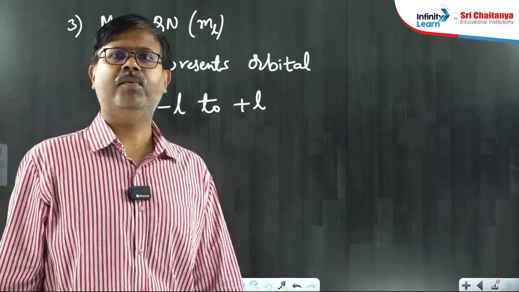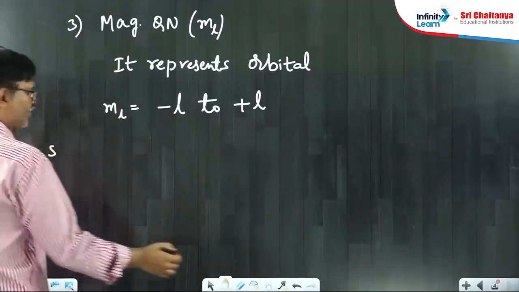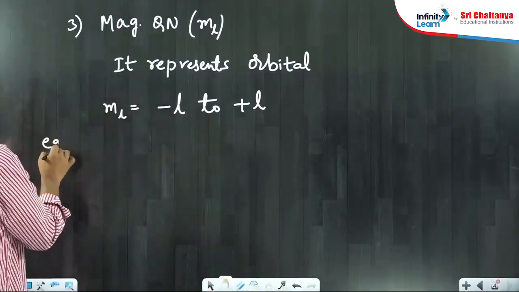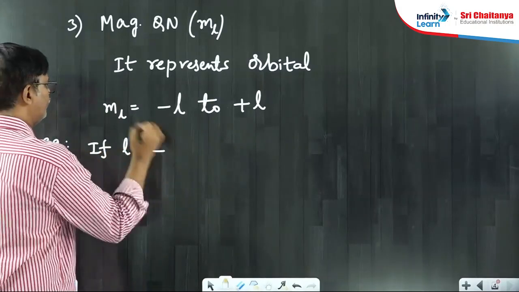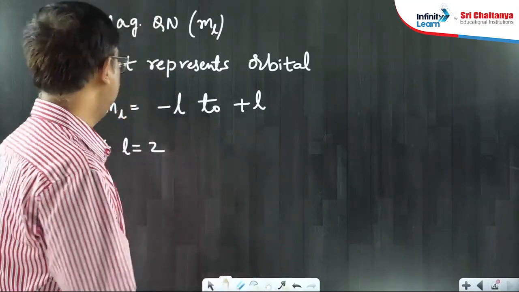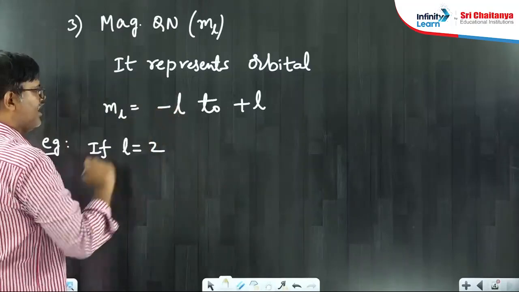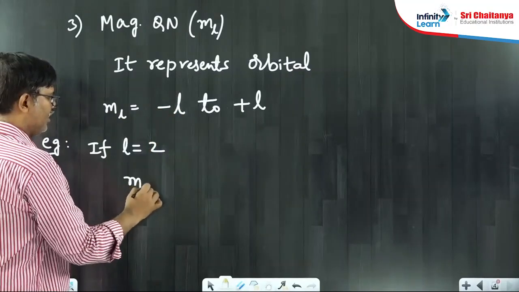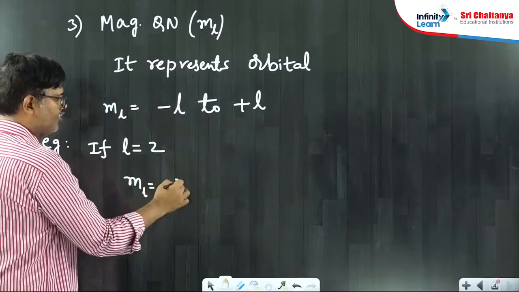What is the meaning of it? For example, if L is equal to 2, the street or subshell number is 2, then how many houses, that is orbitals, will be there? ml starts from minus L, that is minus 2.